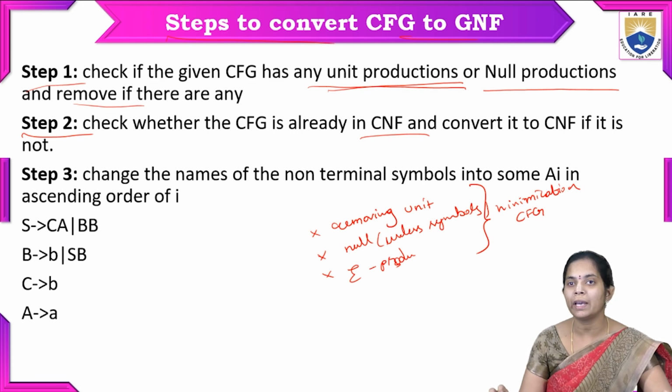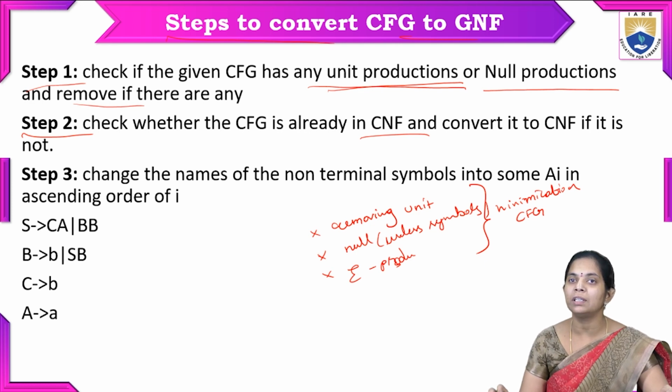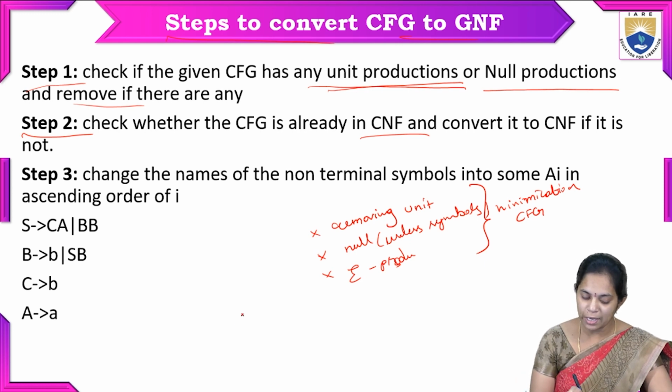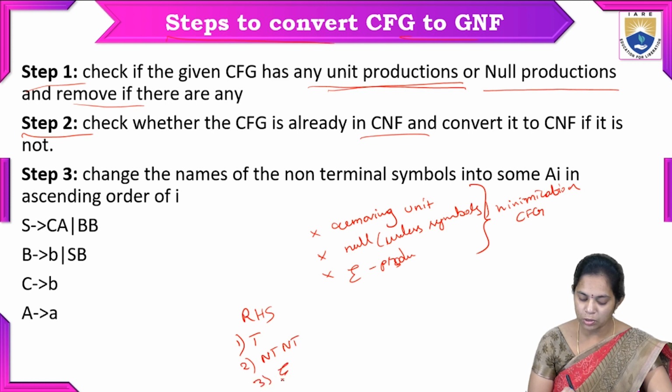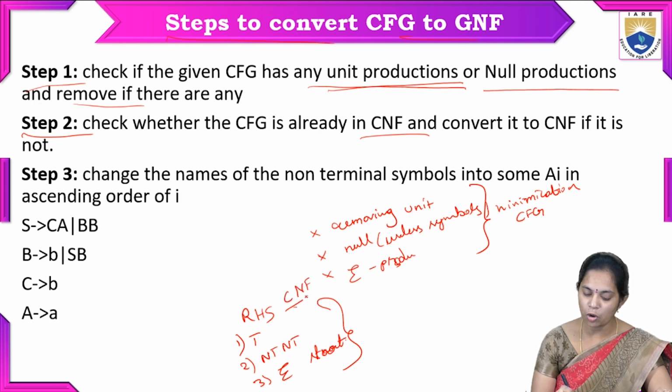Just as Greibach normal form has 3 conditions, in the Chomsky normal form we also have conditions on the right hand side of production rules: only terminal, or only two non-terminals, and also the epsilon symbol in the start symbol. So these are the 3 conditions in the CNF, Chomsky normal form.